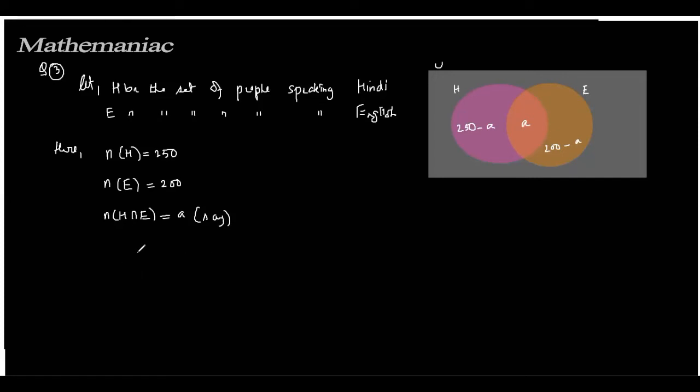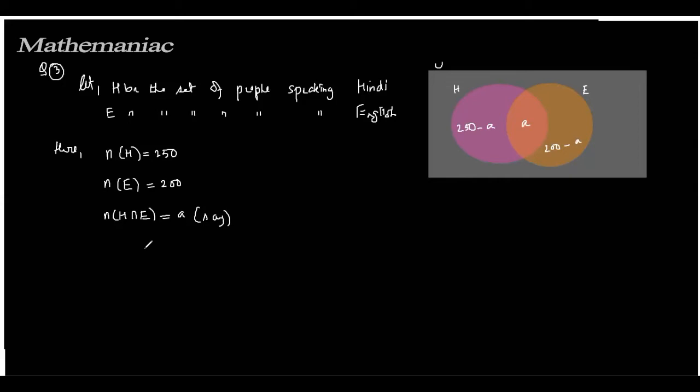Now there is a mistake in the question, to be very honest. The question should have mentioned that these 400 people should be such that each of them speaks at least one of the languages.